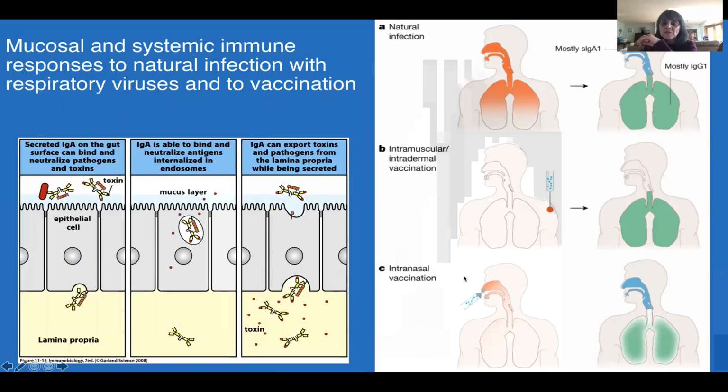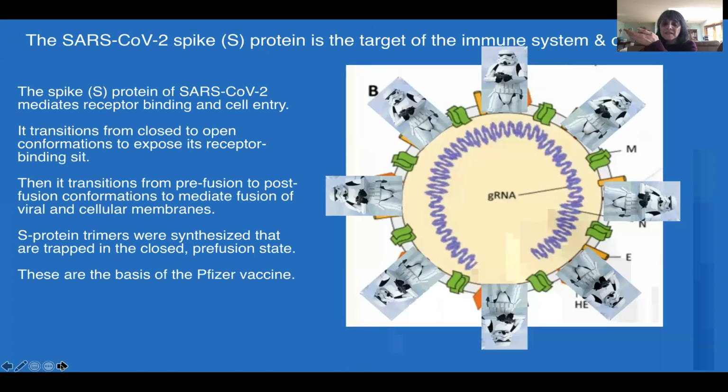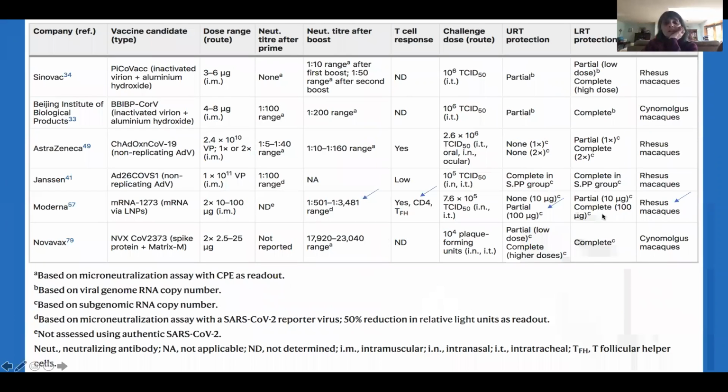You need to do an intranasal vaccination to have the antibodies in the upper respiratory tract. So these are just clinical data that confirm that that's the case, that they have complete protection at 100 microgram dose on the rhesus macaques in the lower respiratory tract, but they have very little protection in the upper respiratory tract.